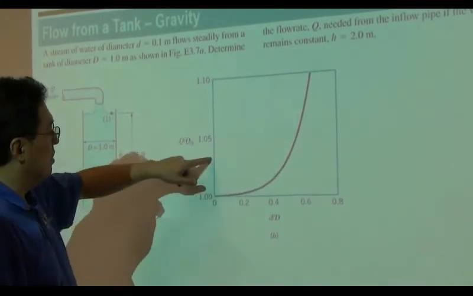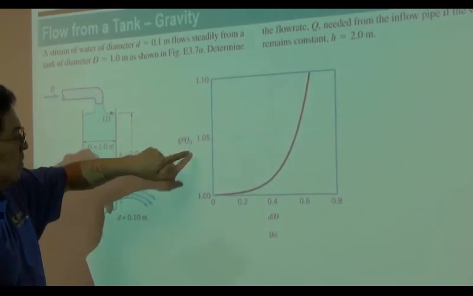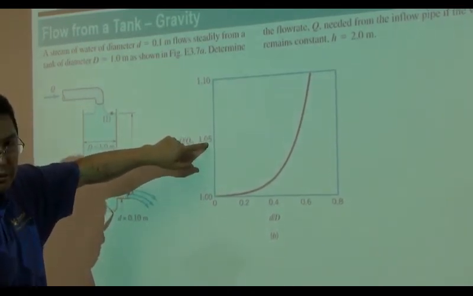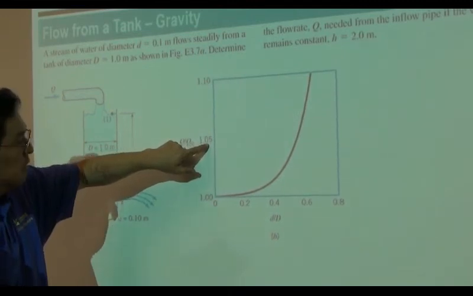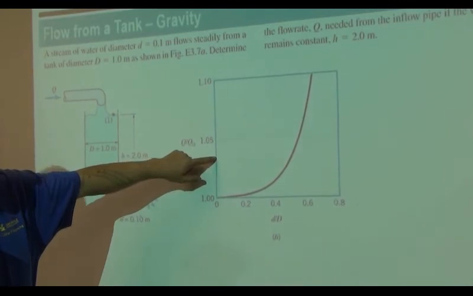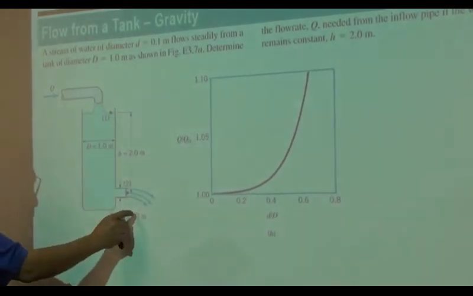Whoa! You are going to introduce a difference in flow rate. So this essentially tells you how much percent error you are going to introduce by assuming a large tank. You're going to introduce about 2.5% error by assuming a large tank, if this is 0.5 meter diameter.